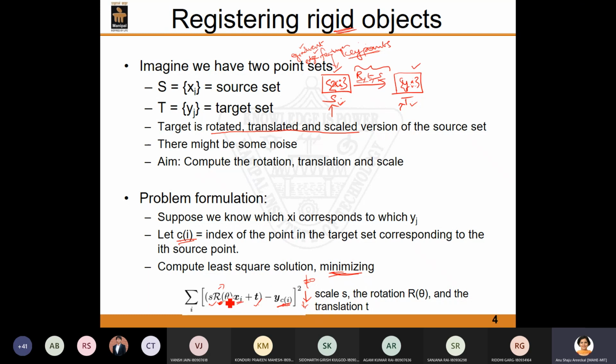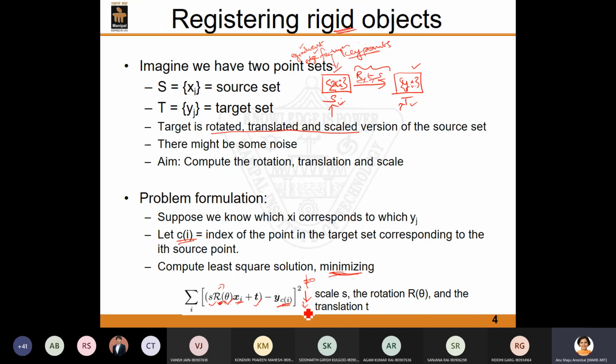Convergence is the point where, even if you are still changing the values of s, r and t, the minimum value you get, or the error function, would remain the same. So after the last few iterations, if you see that the error function does not go down further, then you can say that it has converged and you can stop over there.